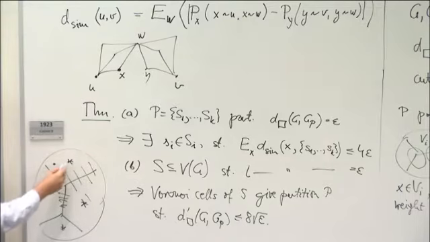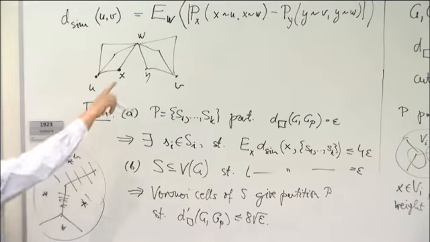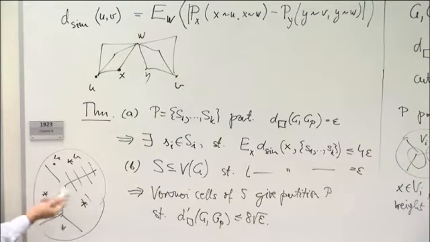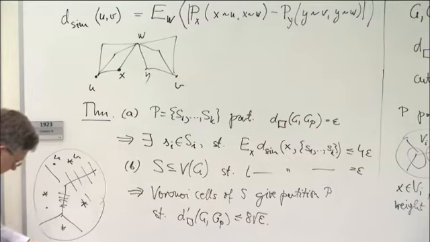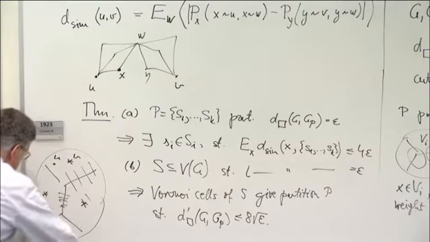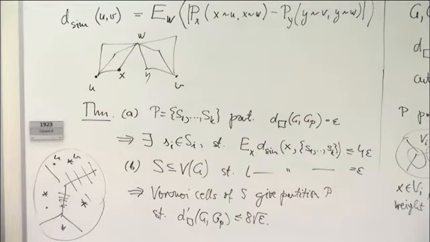Why should it be close to this center? Because, so this is U and V, and if you look at the definition, I have to pick a third point W, in some class, and then I have to compute the number of paths of length 2 to W.